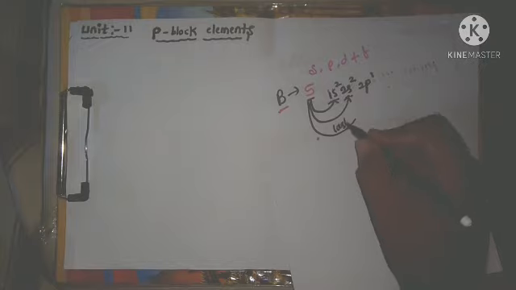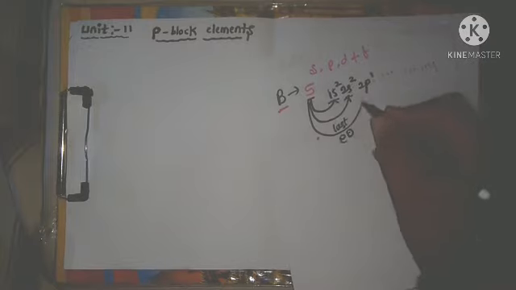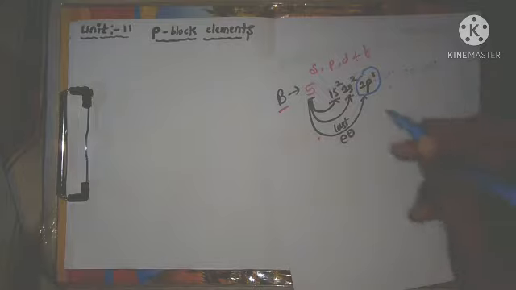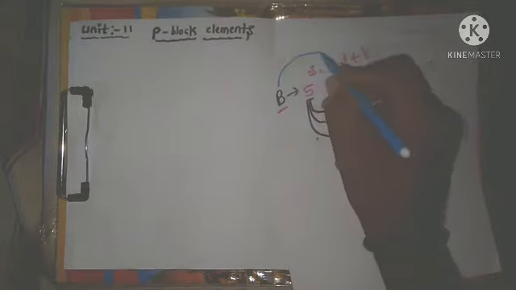This last, 5th electron enters into which orbital? P orbital. The last electron enters into the P orbital of the valence shell. Therefore, boron belongs to the P block.